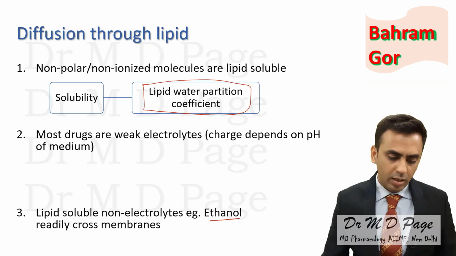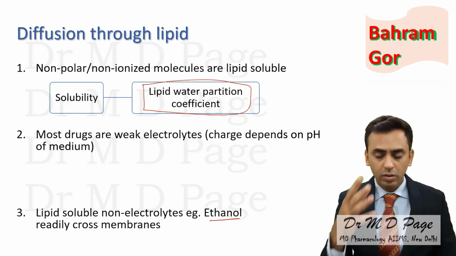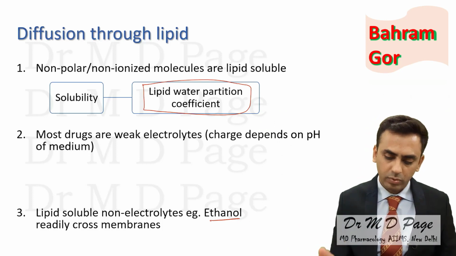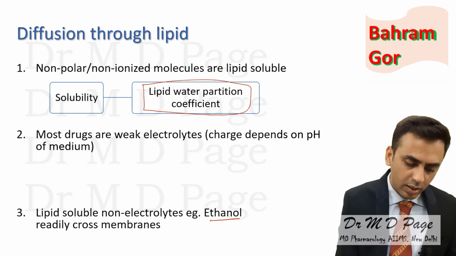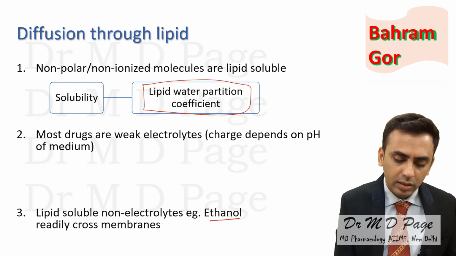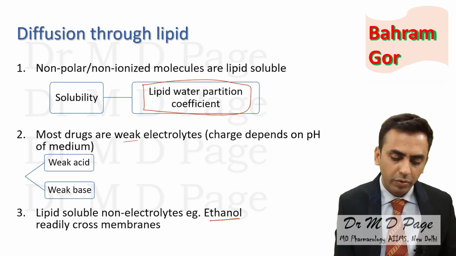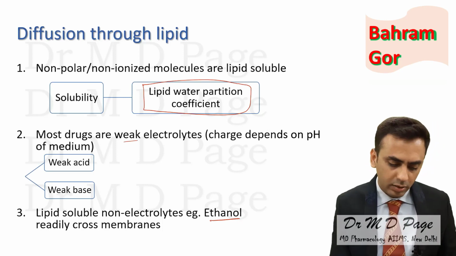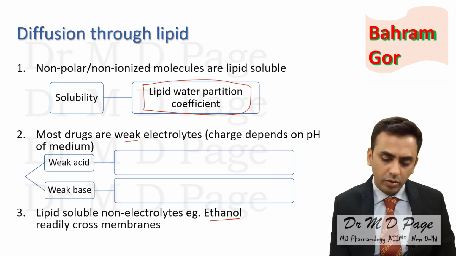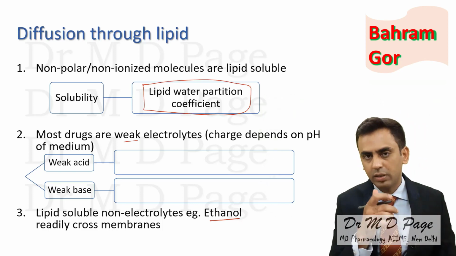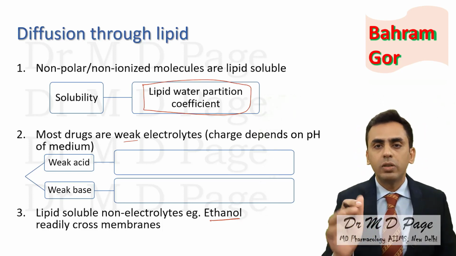Next thing, as I said, charge depends on the surrounding medium. So this is very important. One thing is no charge crosses the membrane, the other thing is charge depends on the surrounding medium. Consider, what do you mean by weak electrolytes? They can be either weak acid or weak base. For a weak acid, what is the definition of acid? Acid is something which will give rise to H+.